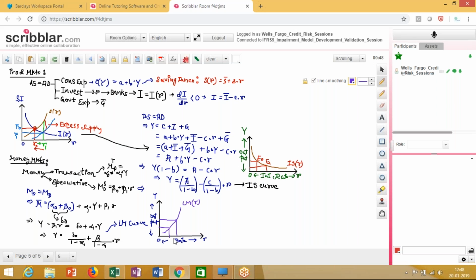And now, if I want to find out what should be the equilibrium rate of interest and the output in an economy, I should take up the following.